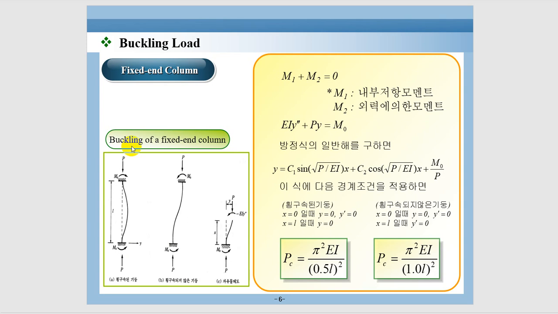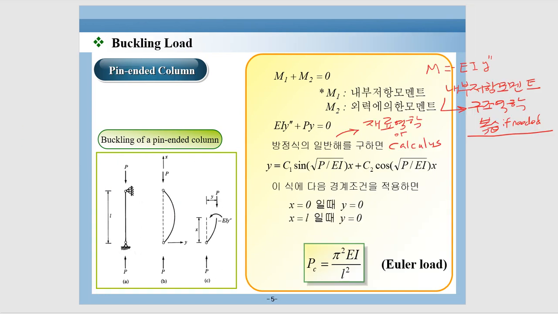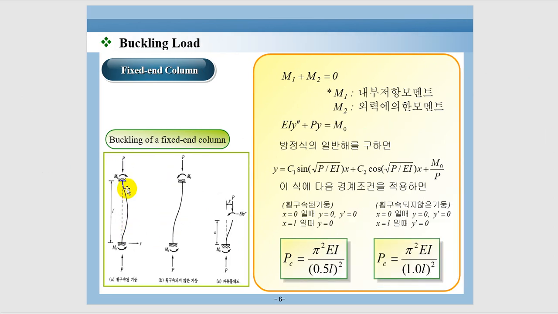Okay, you can consider some other different boundary conditions right now. We have a boundary condition where we have a fixed end here. So do you think a fixed condition is harder or more difficult to buckle than this pin column boundary condition? So it is easier to buckle this one than the one where you have fixed conditions.